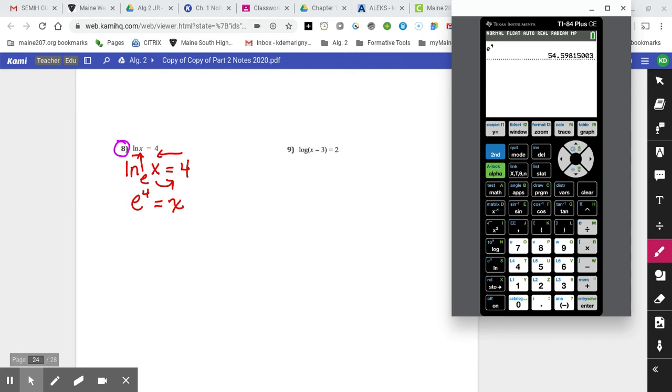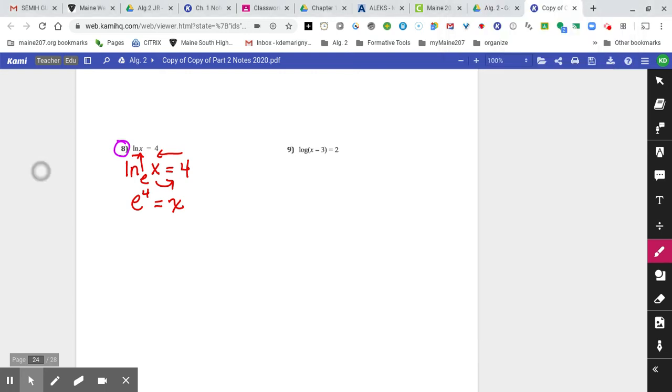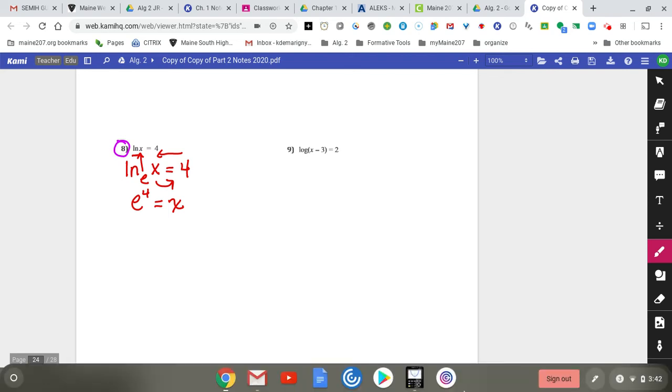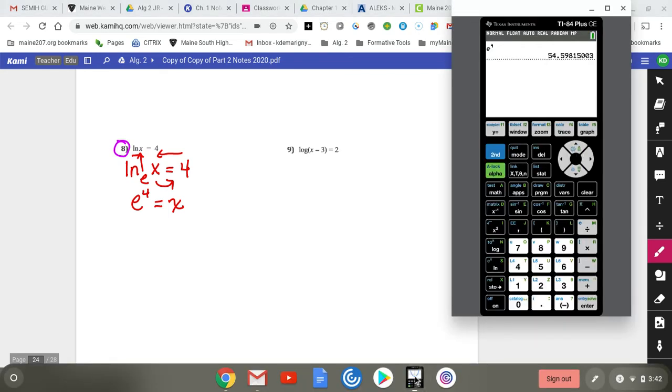Since that's 5 or above, this has to go up. Since it's 59, it has to round to 60. So what I'm going to round this to is 54.60. So I'm going to say that this value, 54.60, is the value for x.